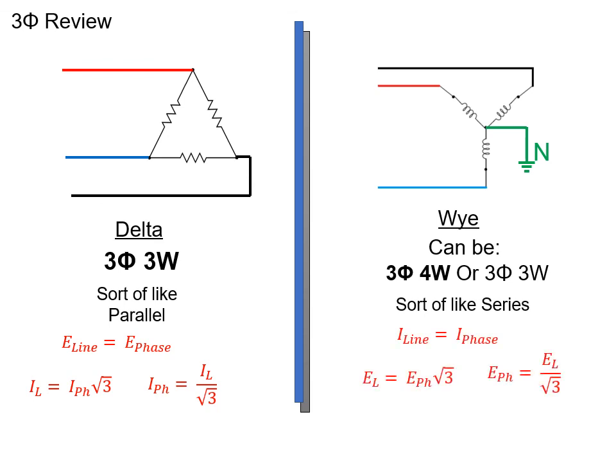Our Y connected load can be a three-phase, three-wire or a three-phase, four-wire. And it sort of acts like series. It's not series, but it's sort of like series. Sort of like series in the sense that the line current and the phase current are the same. And the two phase currents will add together to give us a line current. If they are balanced and the same at 120 degrees of separation, then my line voltage will be bigger than any one phase by a factor of √3.